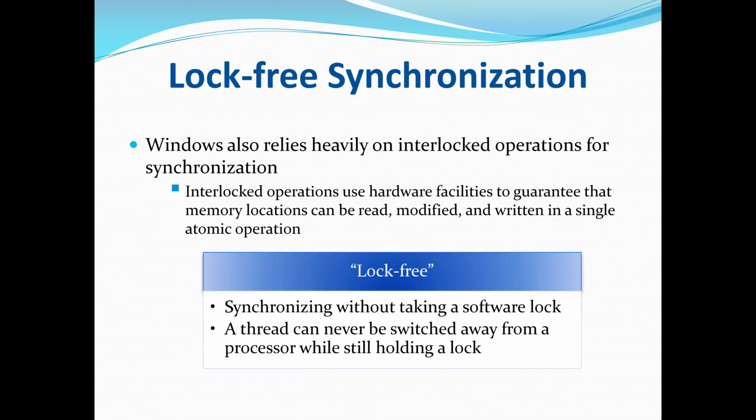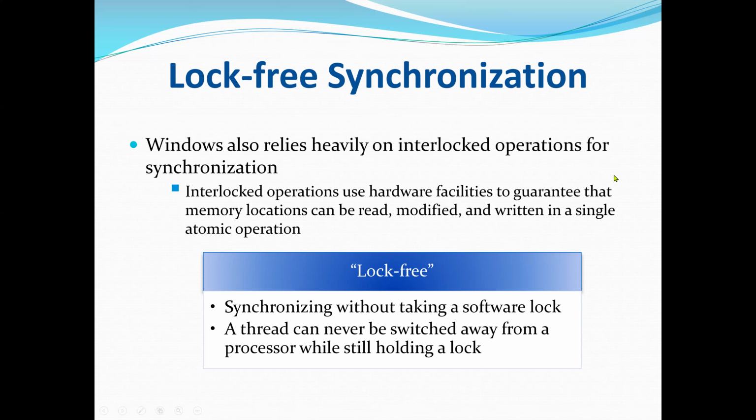So Windows also relies heavily on interlocked operations for synchronization. Interlocked operations use hardware facilities to guarantee that memory locations can be read, modified, and written in a single atomic operation. Examples include interlocked increment and interlocked compare exchange.